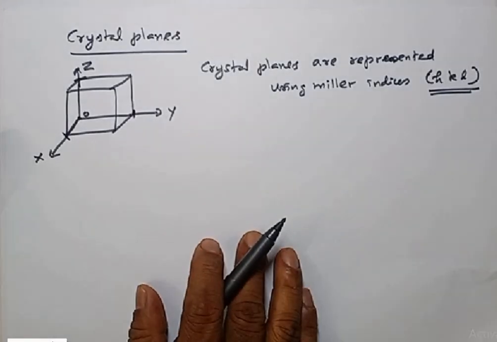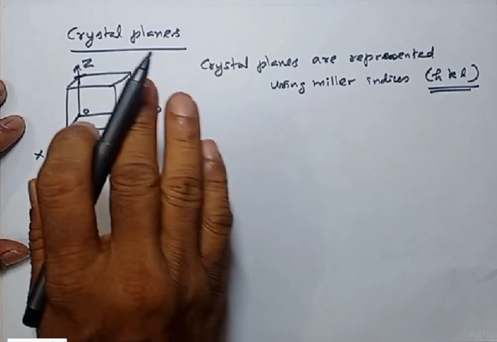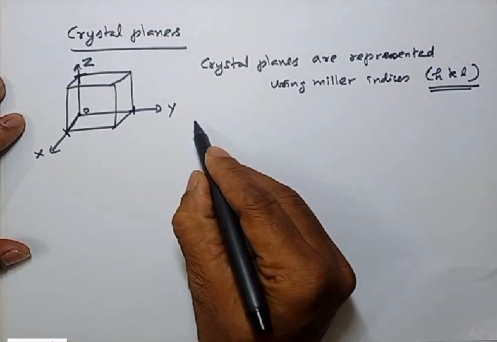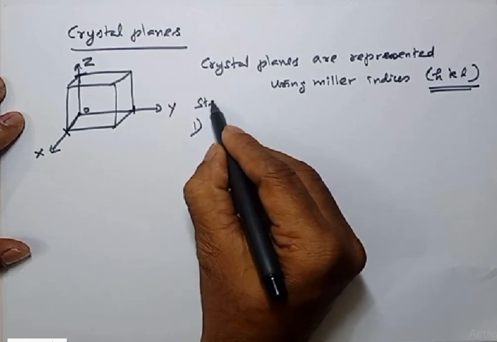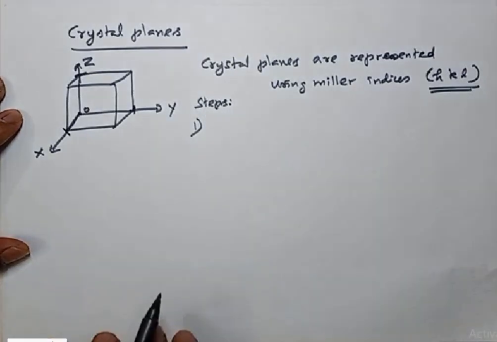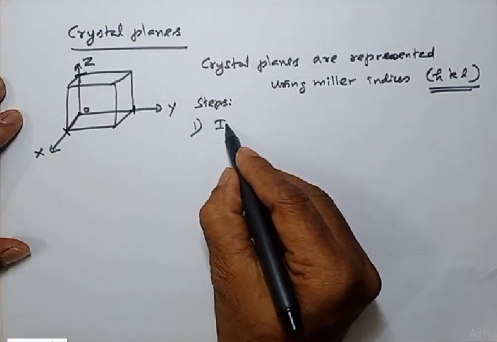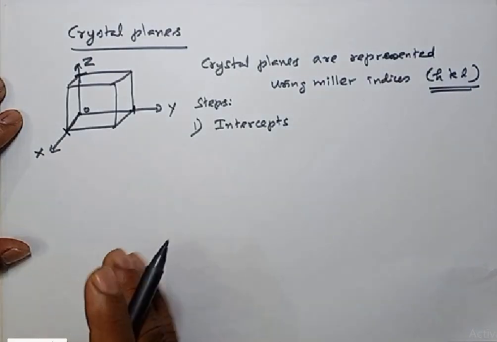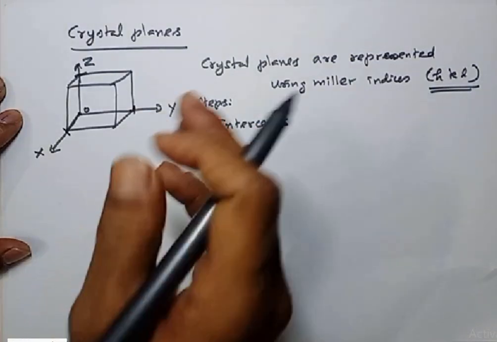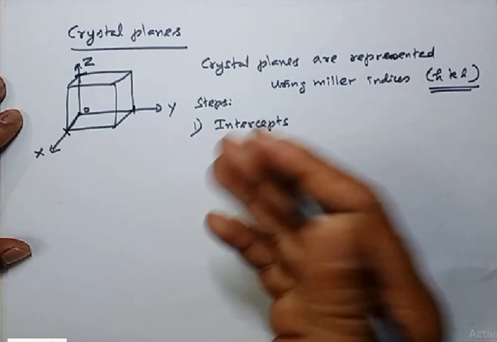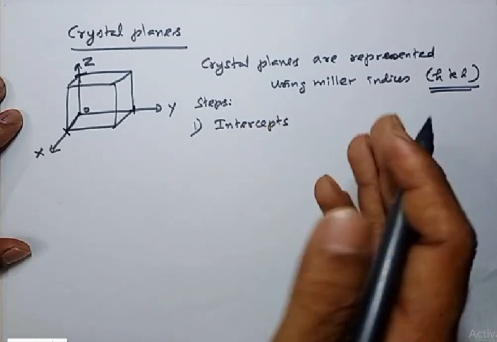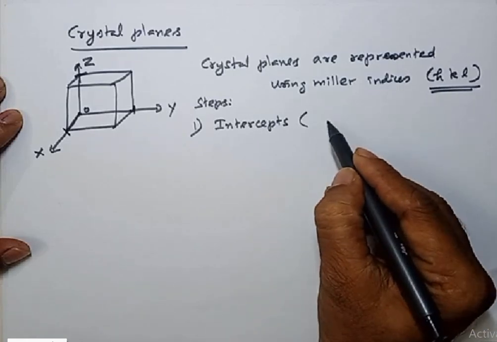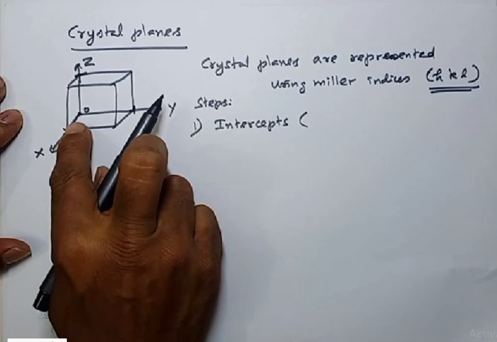What is the method to find Miller indices for a crystal plane? These are the steps you should follow. Step number 1: first, you find the intercepts. Meaning, for a given plane, you find what the x-intercept is, what the y-intercept is, and what the z-intercept is.